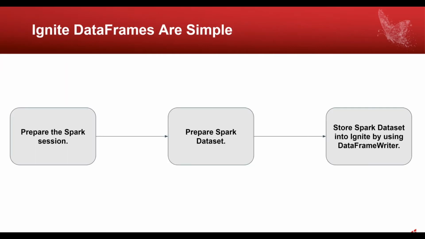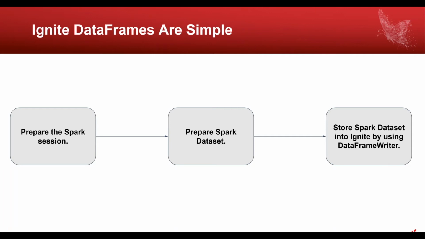And the flow in this case will be simpler. You just need to prepare the Spark session with the required properties. After that, you need to prepare a data set. It can be a CSV file, it can be some data from HDFS, it can be other sources.